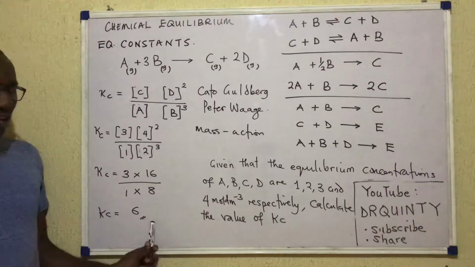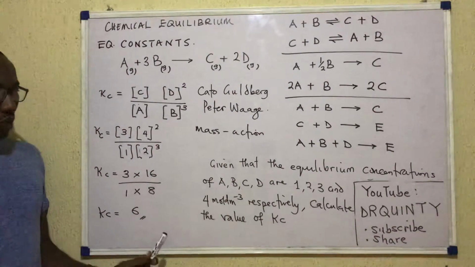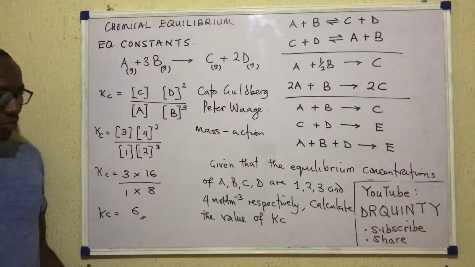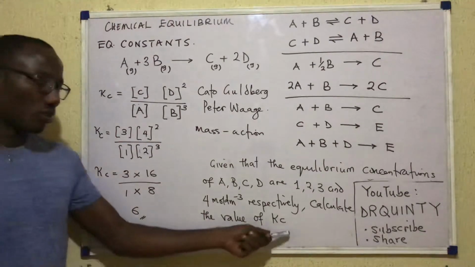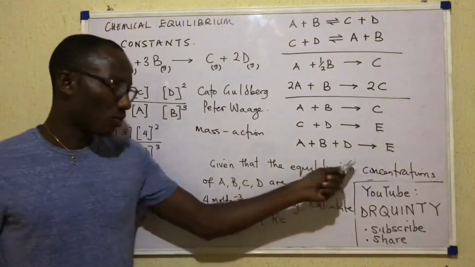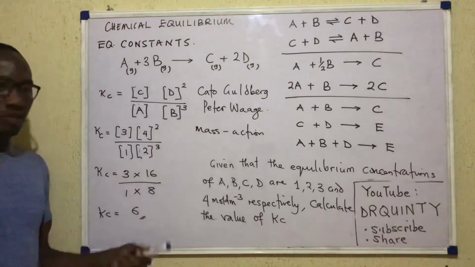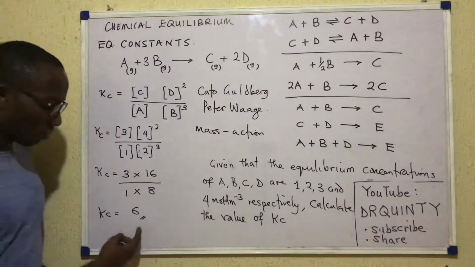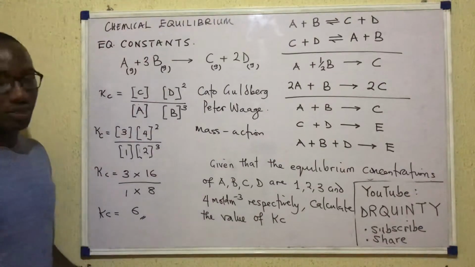And the value should usually be expressed at a temperature. So this question should have given me a temperature. Maybe it says calculate the value of Kc at 20 degrees Celsius, given that the equilibrium concentrations of these things are as shown at 20 degrees Celsius. So in that case, I would have written my answer as Kc equals 6 at 20 degrees Celsius.